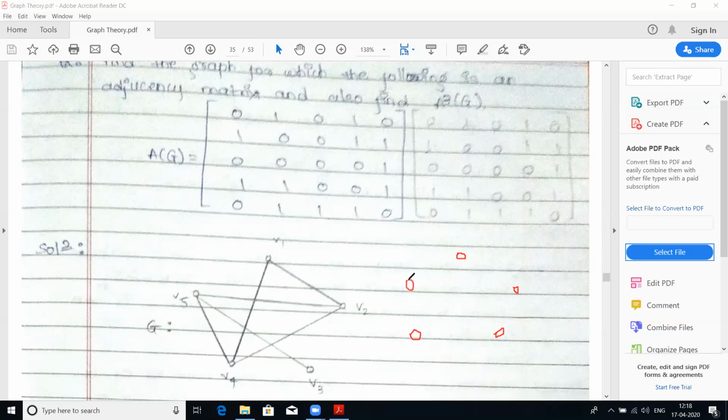These 5 vertices are taken. Now we name the vertices: V1, V2, V3, V4 and V5.